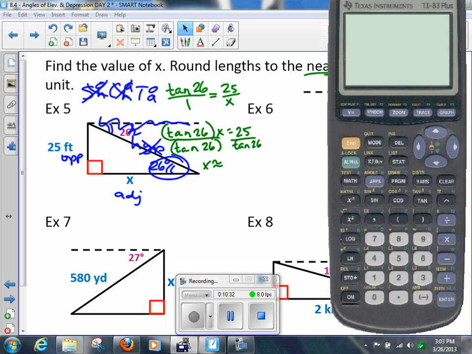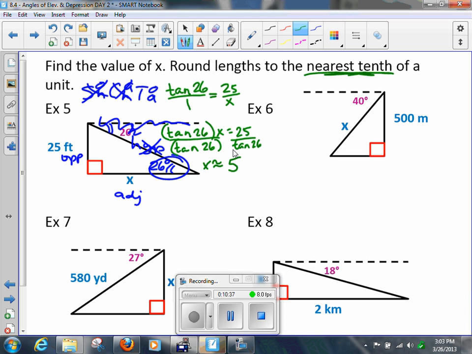Did you guys get 51.3? Okay. 51.3 feet. Why is it feet? Because 25 is in feet, right?